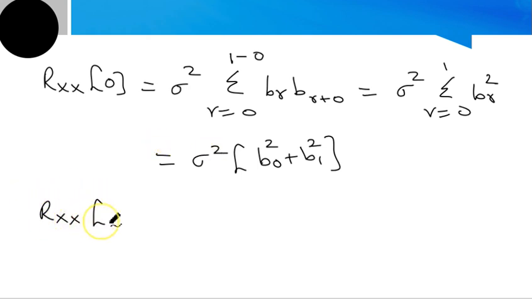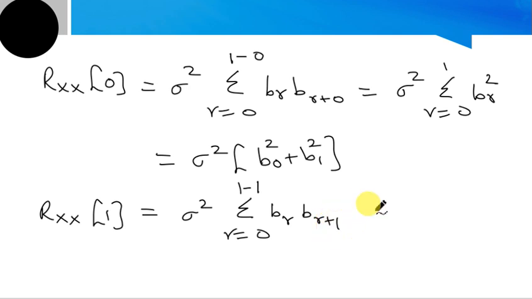Next I need to find Rxx of 1. So Rxx of 1 will be sigma squared, summation r equal to 0 to 1 minus 1, of br into br plus 1. So this is sigma squared into b naught into b1.